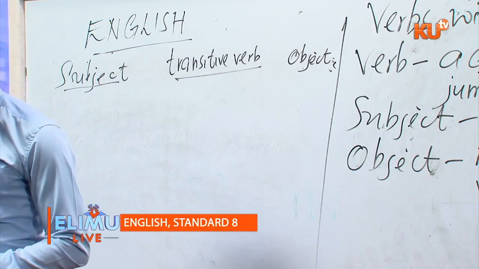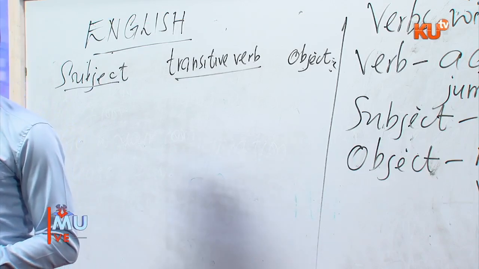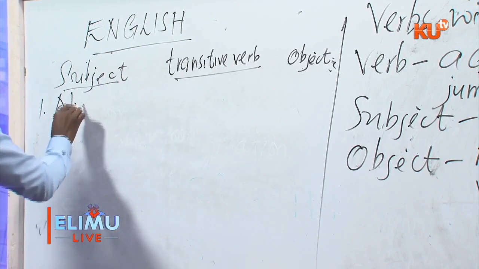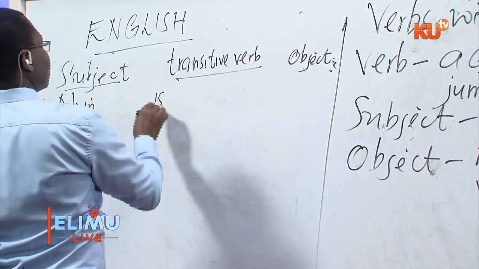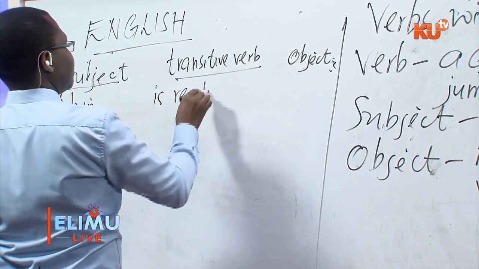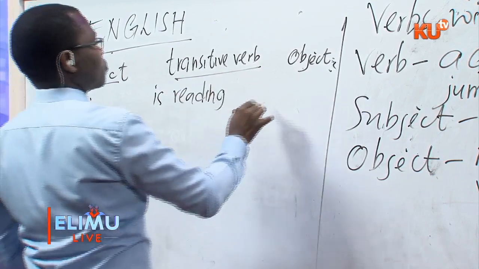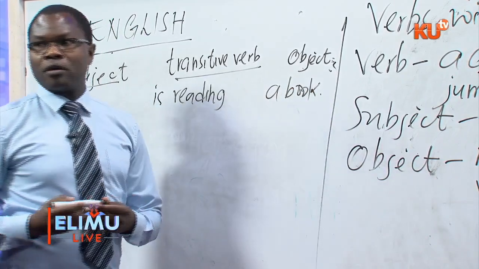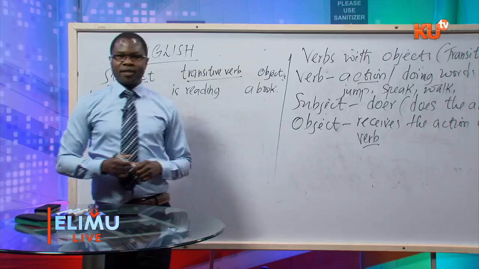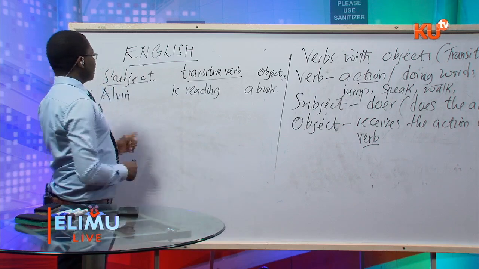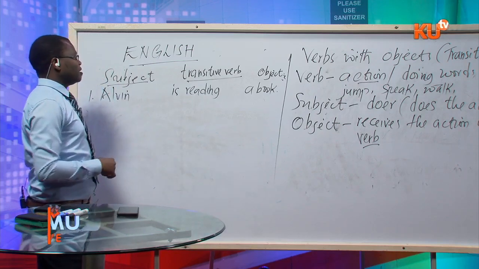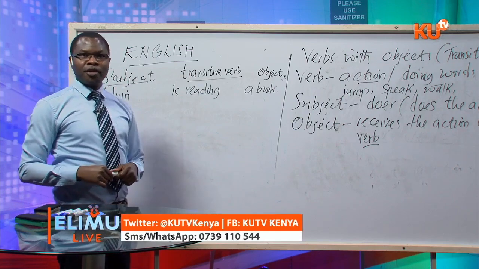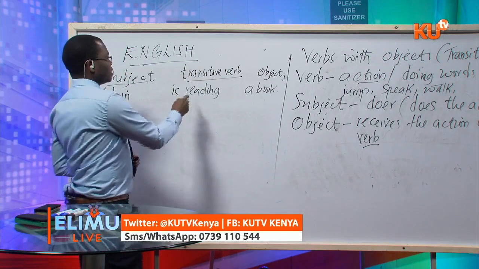Example: Alvin is reading a book. In this sentence, the subject is Alvin, and what Alvin is doing is reading.